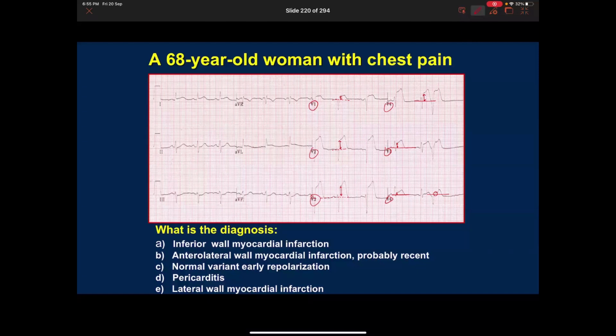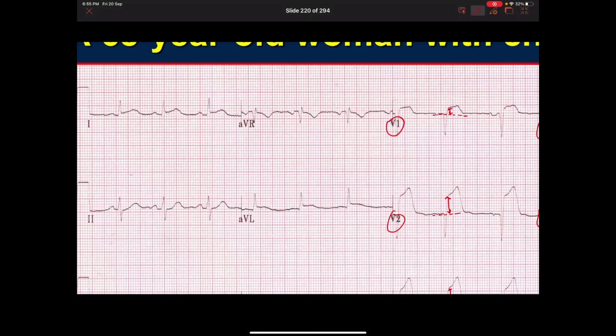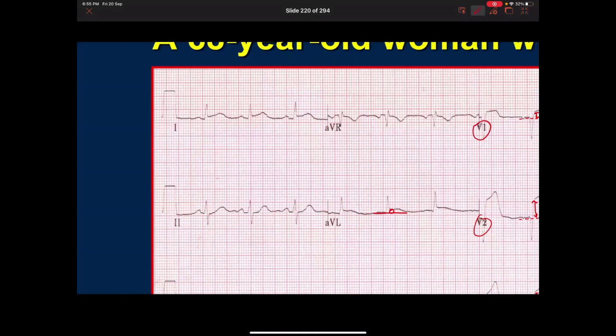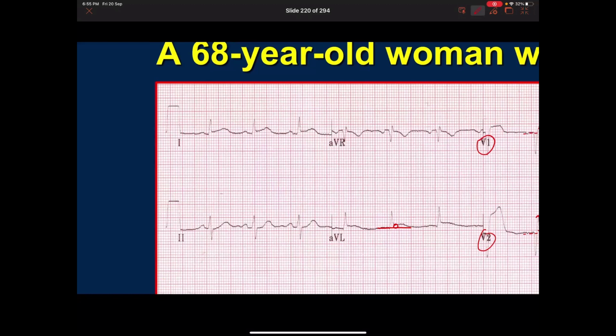Very slightly in AVL. Yes, exactly. So this is the isoelectric line. There is an elevation. Okay, I agree. There's one more. Lead one. Lead one, yes, exactly.